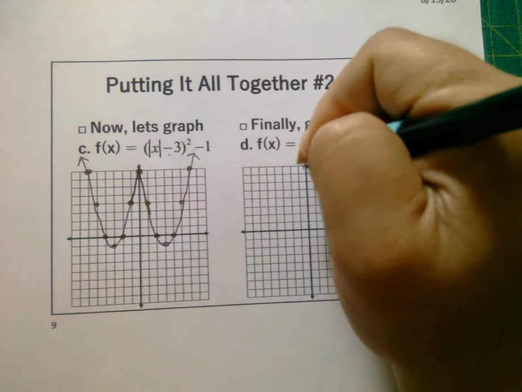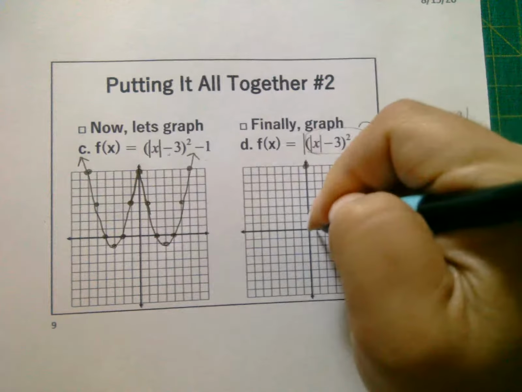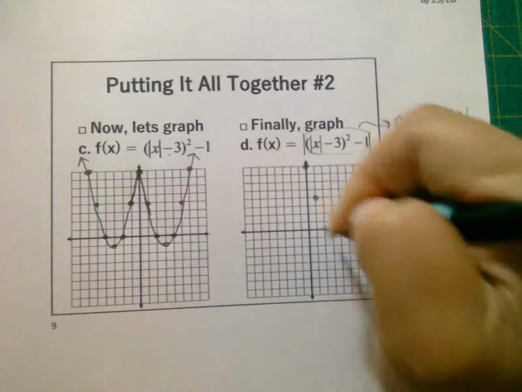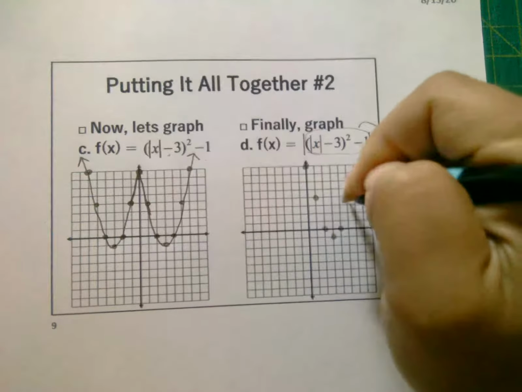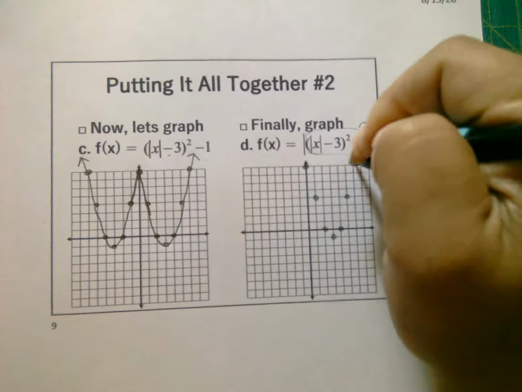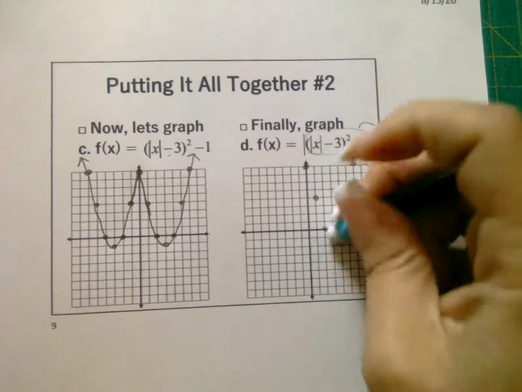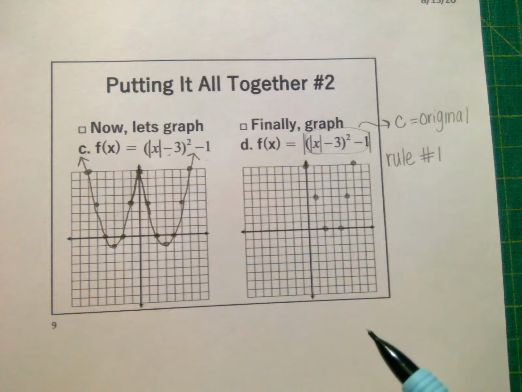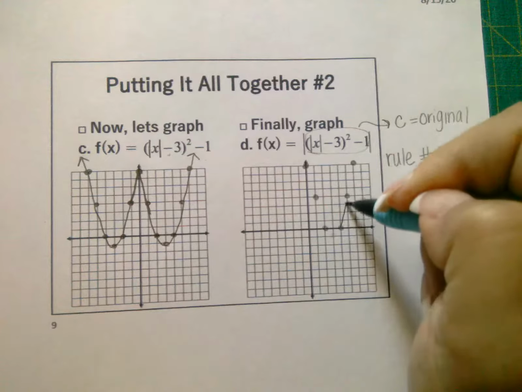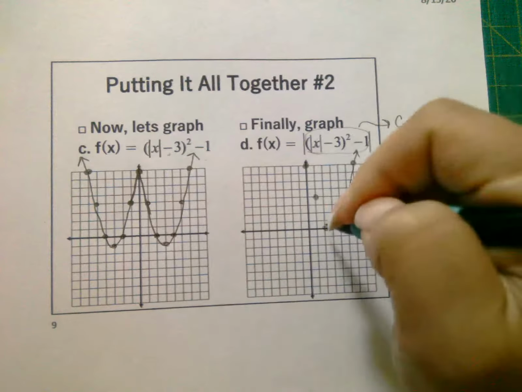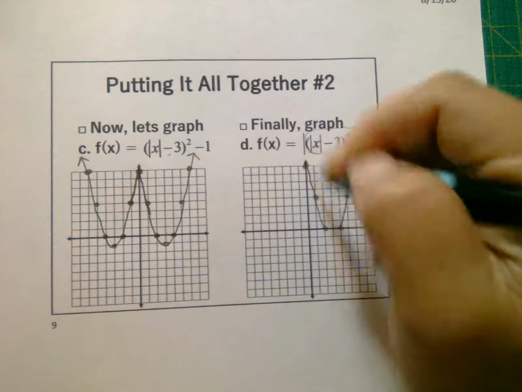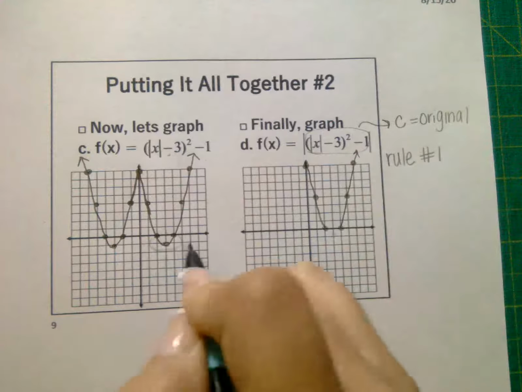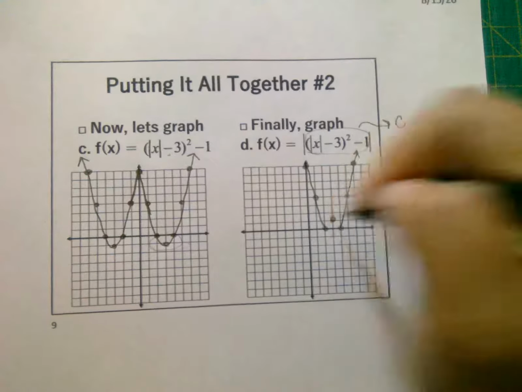Okay, so we're going to keep all of these points that are on and above the x-axis. Okay, so we can create that portion. And then that one point that was below over here, okay, that's going to get reflected up.